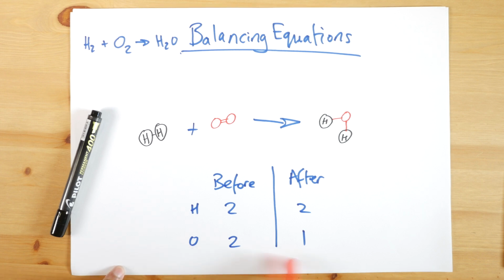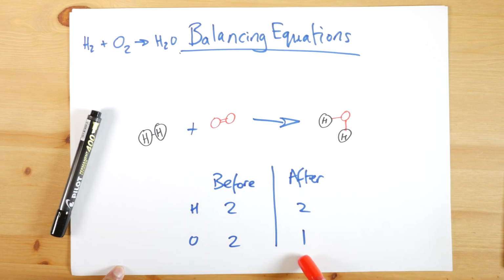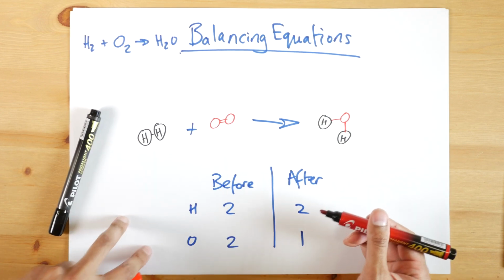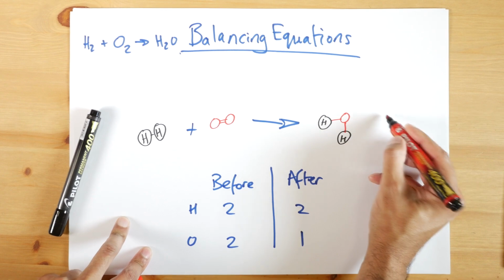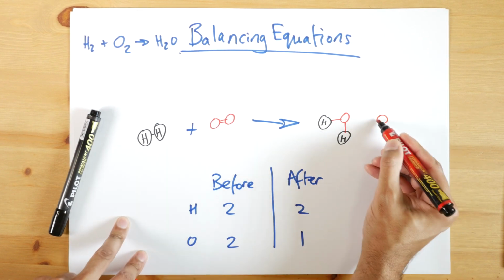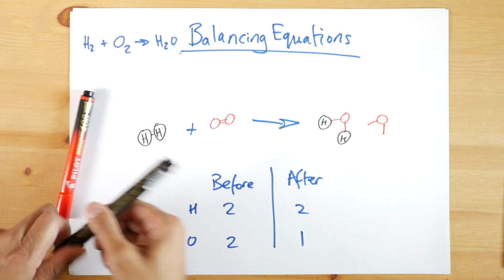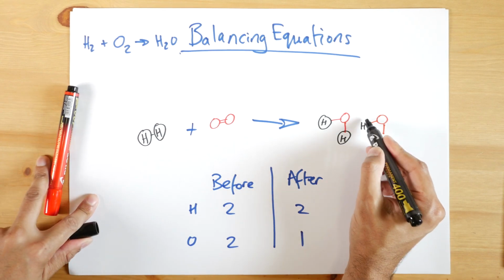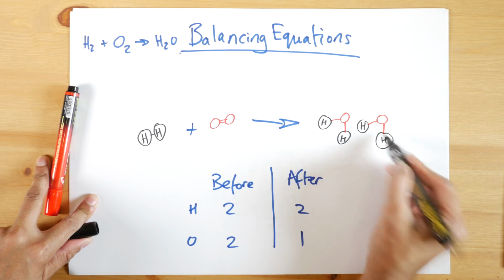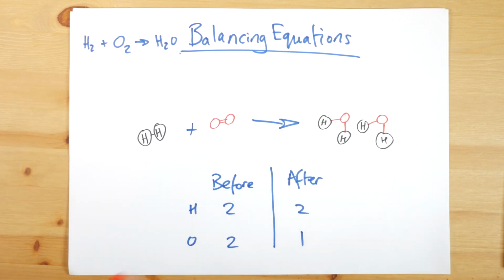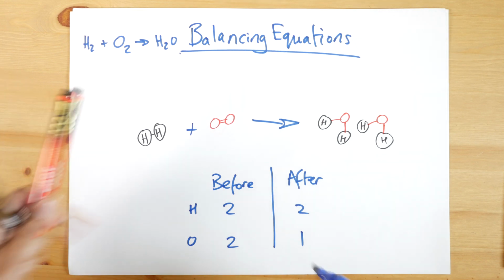So I've got 2 here, 1 here. I've got to double this. So I'm going to draw another H2O like this. Okay, so let's see what that gives us. Now we've got the right number of oxygens.